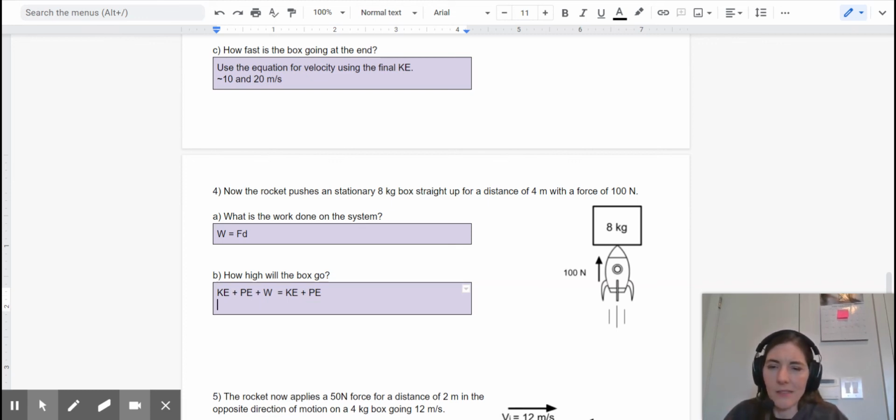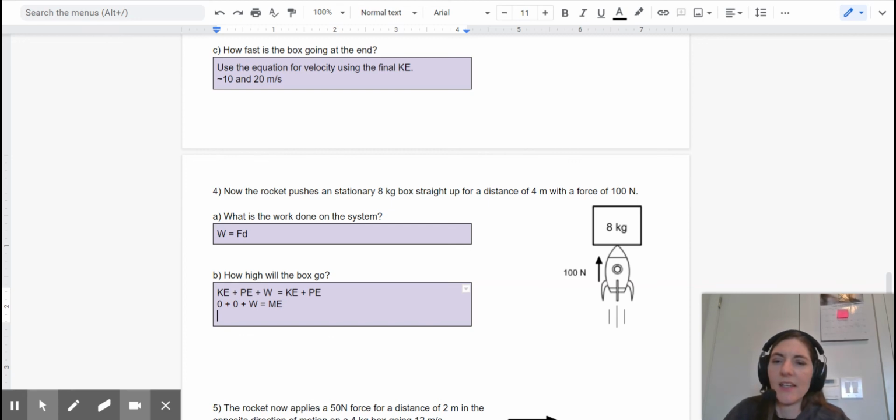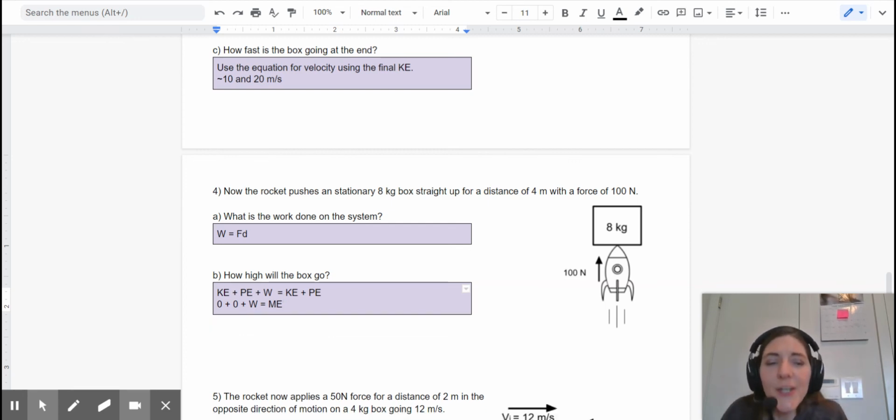Here's the thing, 0 KE plus 0 PE plus my work equals mechanical energy. Actually, I guess we could have just done it simply with mechanical energy because KE plus PE equals mechanical energy. I guess another easier way to think of it, well, now that works for me. So basically, here's what we have. The only energy in this system was what was done by the work.